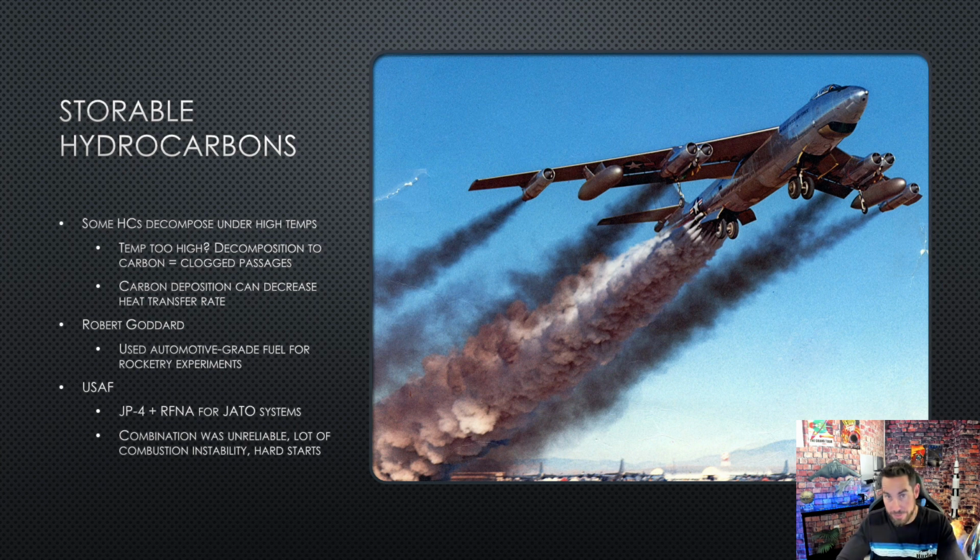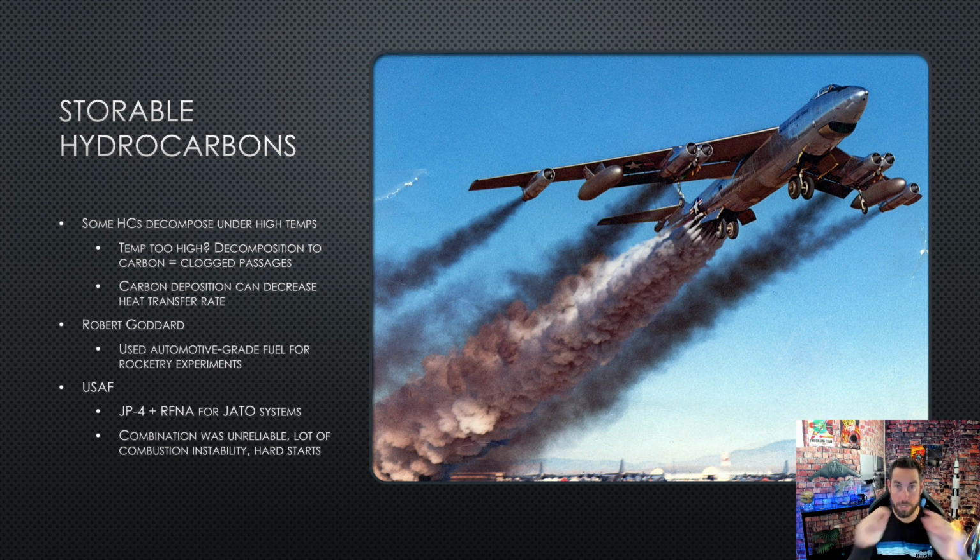and in theory, it works. The problem they ran into was that initially there weren't a lot of quality controls around the production of JP4. So batches were different, with different compositions, contaminants, things like that. And so overall, the combination was kind of unreliable. There was a lot of combustion instability. There were hard starts. That's when we were talking about the reliability of hypergolics, where propellant floods into the combustion chamber and doesn't immediately ignite.